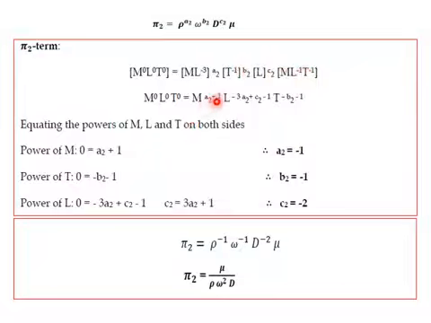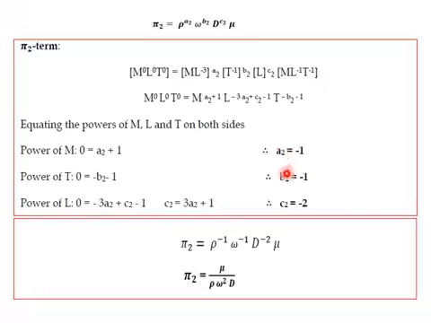Equating the powers for m, a2 plus 1 is 0, so a2 is minus 1. Similarly, minus b2 minus 1 is equal to 0, so b2 is minus 1. For l, minus 3a2 plus c2 minus 1 is equal to 0, so c2 is 3a2 plus 1, and substituting a2 as minus 1, we get minus 2.